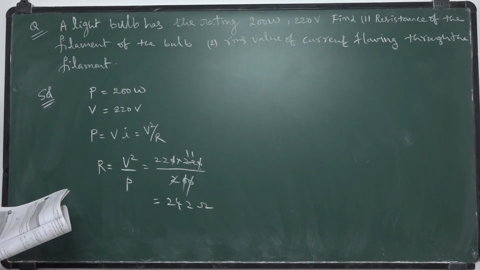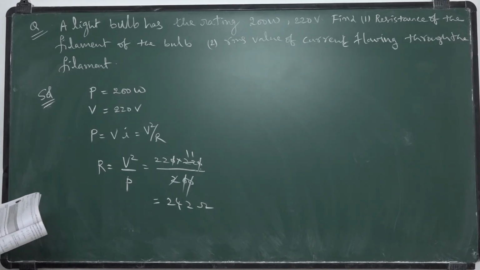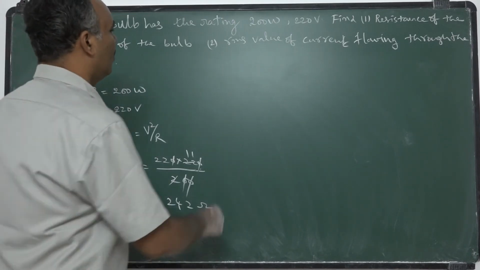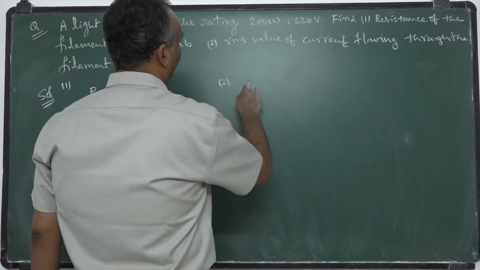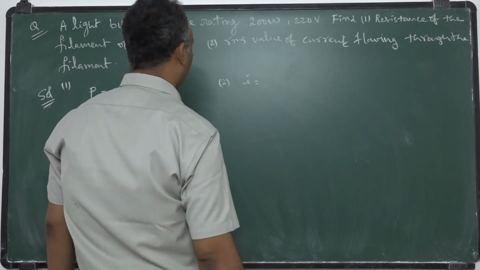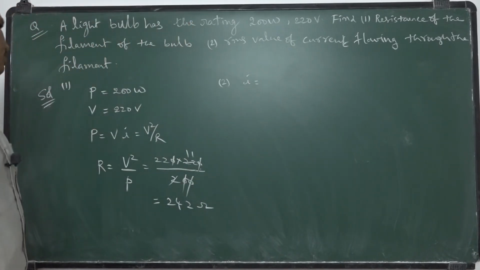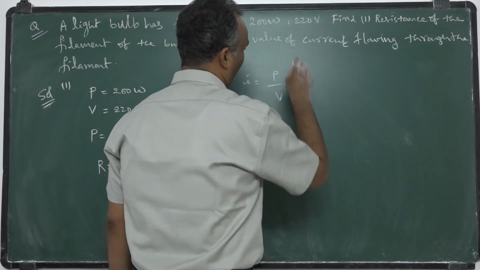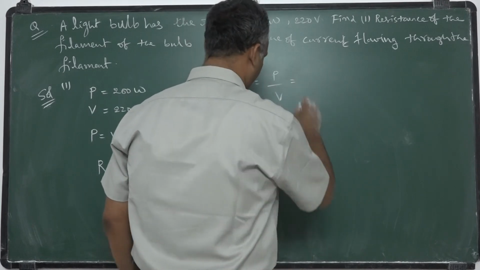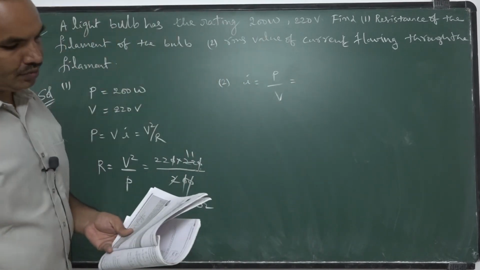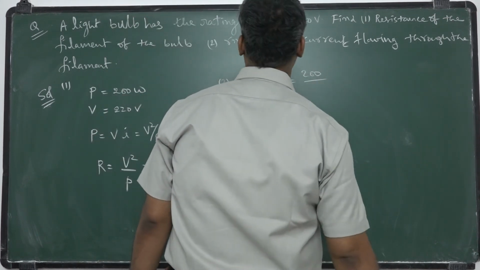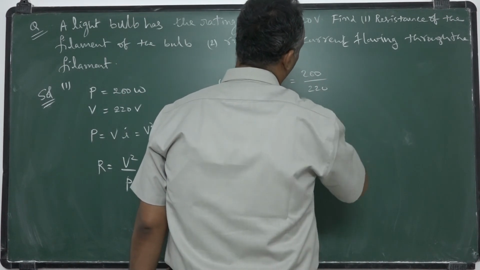Next, you are asked to find the RMS value of the current. Second one, you need current. Just now, as I said, power is equal to voltage into current. Current is equal to power by voltage. Power value they gave 200, voltage value they gave 220.